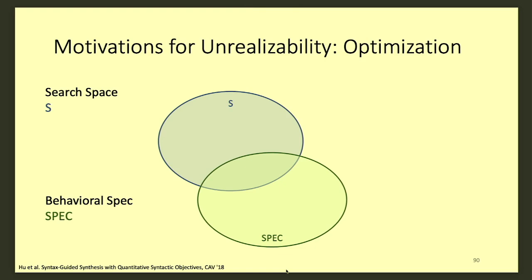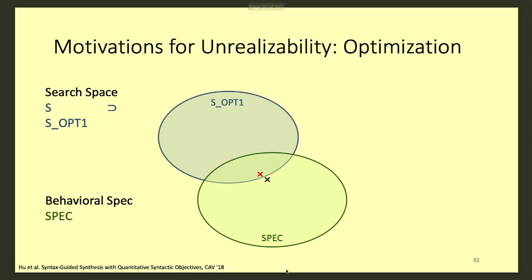For example, if I have a search space S and I want to synthesize the optimal solution to some specification, first I would synthesize a solution, and then I would shrink the search space such that it no longer contains my previous solution and any other solution that is on par with it. So the next synthesized solution is going to be more optimal than the solution I synthesized before.